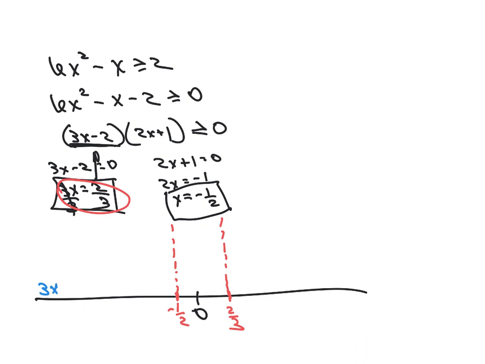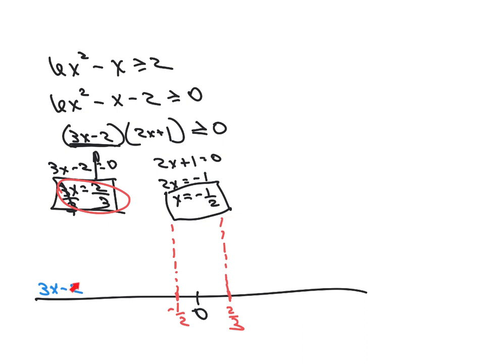Okay, so let's look at 3x minus 2. Okay, we've got 3 different areas to look at. And we just have to figure out where the numbers are positive, where they're negative. All right, so let's try 0 first. 3 times 0 is 0, minus 2 is a -2.